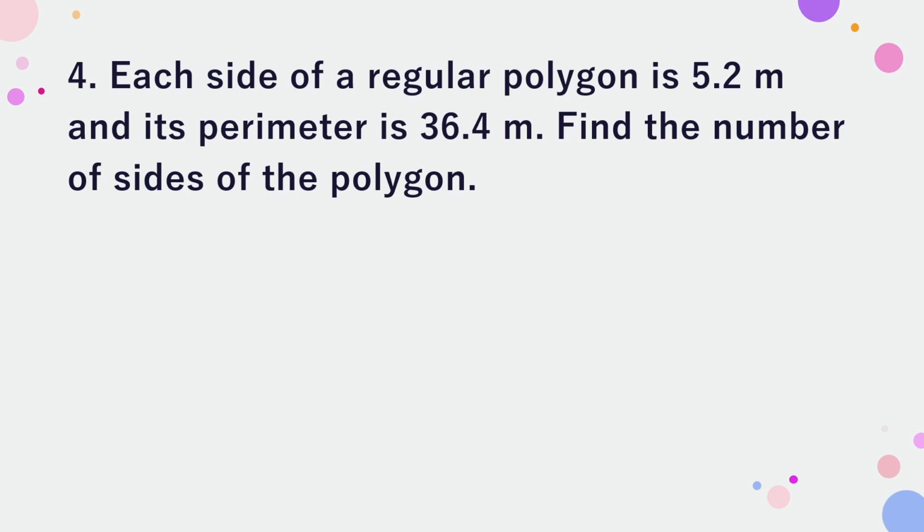Nine-sided polygon? Nonagon. A 10-sided polygon? Decagon. An 11-sided polygon? Undecagon. A 12-sided polygon? Dodecagon.